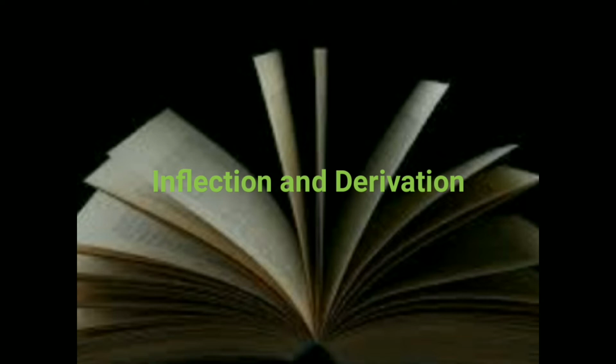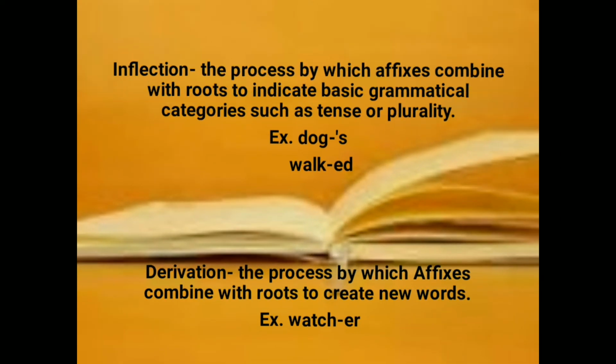There are two rather different kinds of morphological relationship among words for which two technical terms are commonly used. Inflection is the process by which affixes combine with roots to indicate basic grammatical categories such as tense or plurality. For example, dogs and walked.